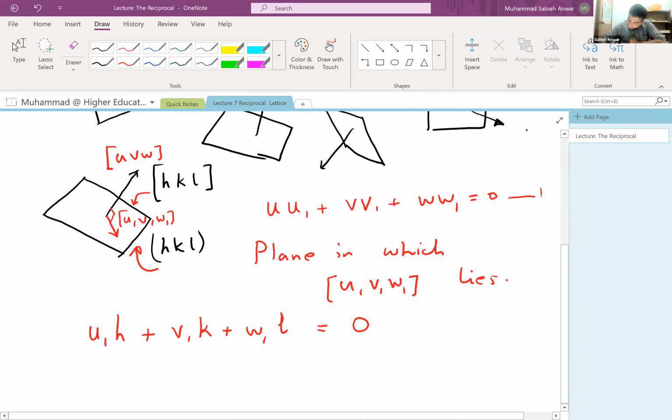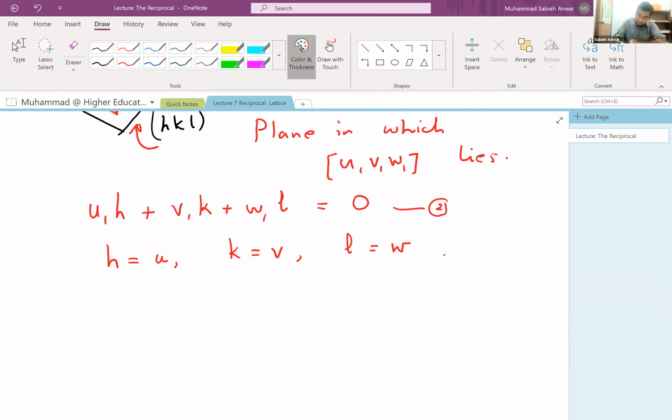So I have equation number 1 and I have equation number 2 here. By comparing these equations, one can immediately tell that h equals u, k equals v, and l equals w. Very straightforward. So what this means is the following.